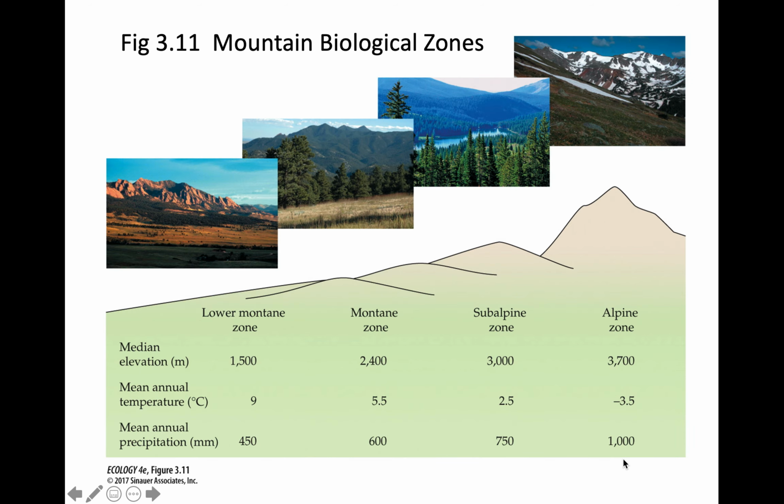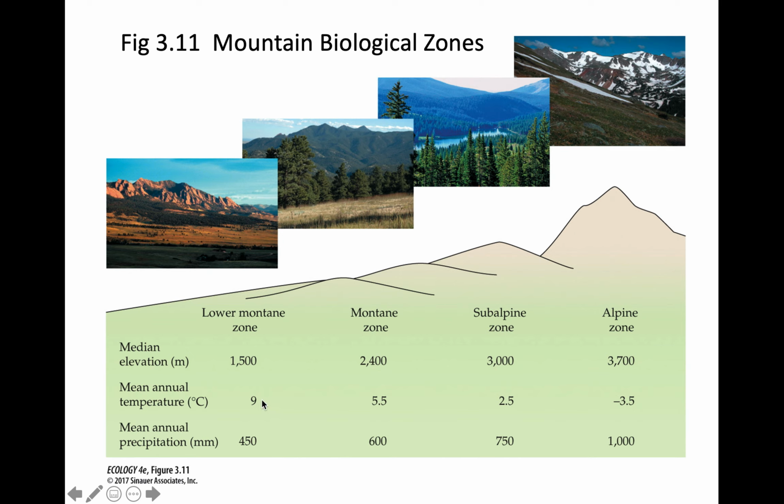And I want to quickly introduce to you something called the lapse rate. I guess we've already introduced it in a prior lecture, but I want to show you an example of what it means. The lapse rate basically means that as you go up in elevation, you're going to get colder and colder temperatures.